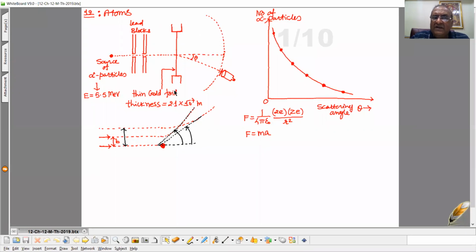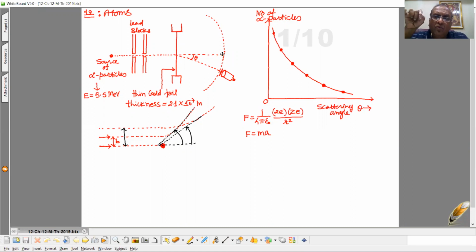And in this particular experiment, they observed this thing. The majority of alpha particles propagate at a very small angle of scattering, that is less than 1 degree.